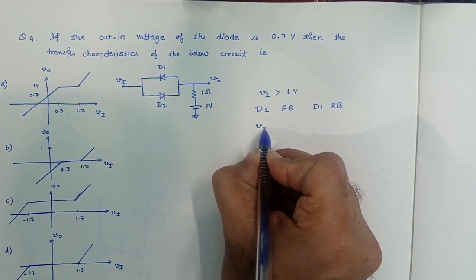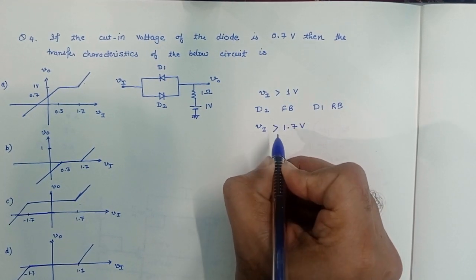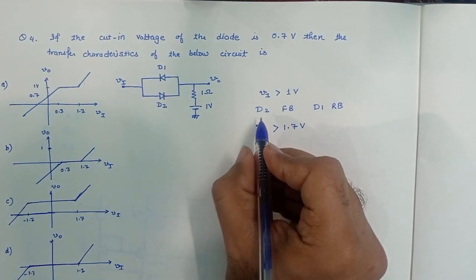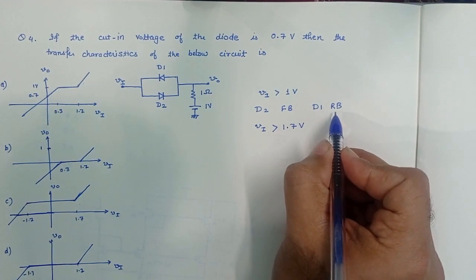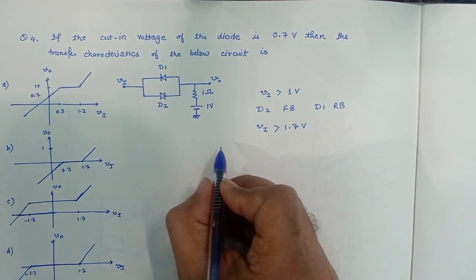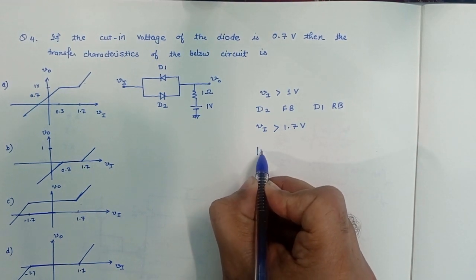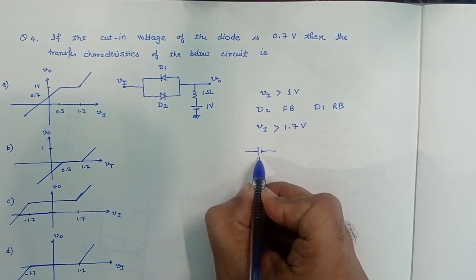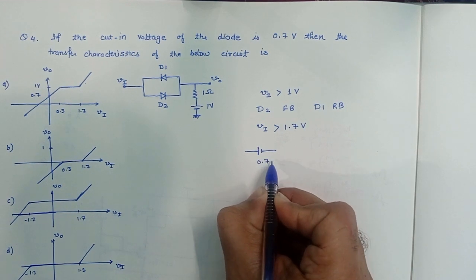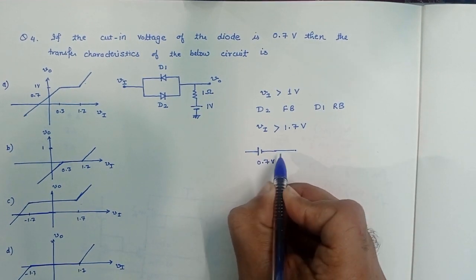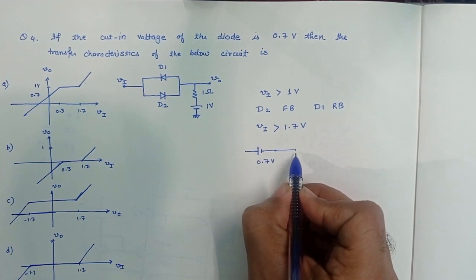So if I increase the voltage Vi to 1.7 volt and make it greater than 1.7 volt, the diode D2 will be conducting and D1 will be reverse biased, so it is open circuited. So the diode D2 will be replaced by an equivalent voltage source of 0.7 volt, and diode D1 is open circuited, so it is not represented here.